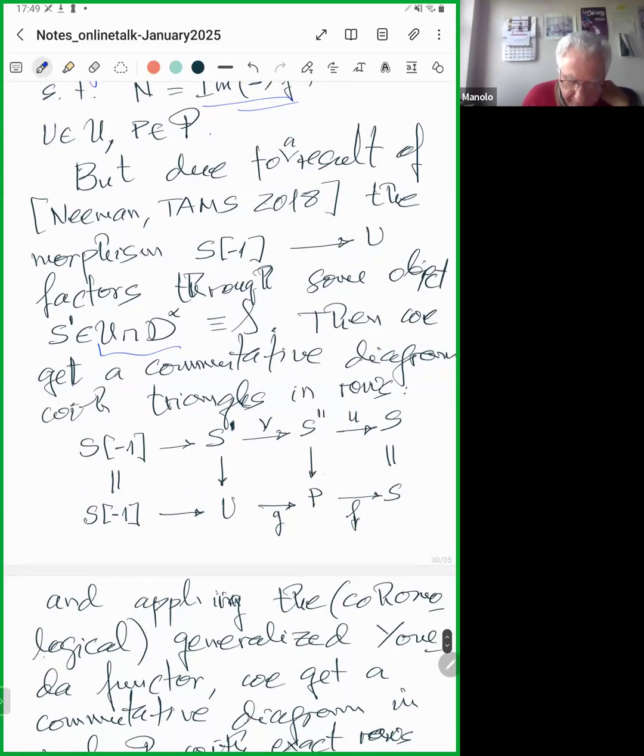Then you get a commutative diagram with triangles in rows like this.